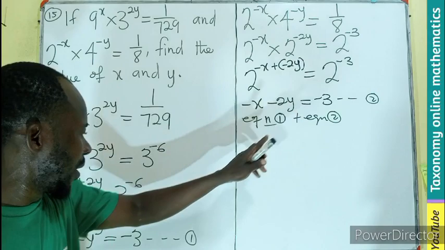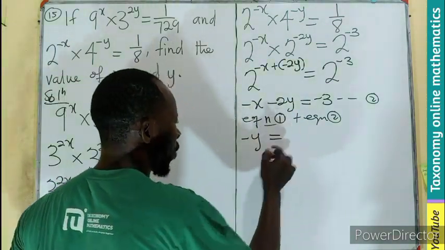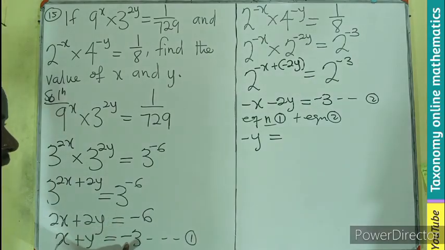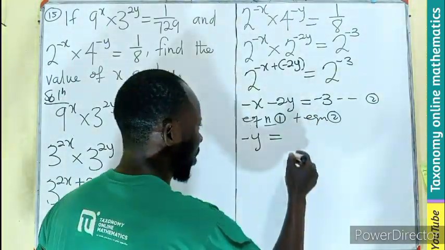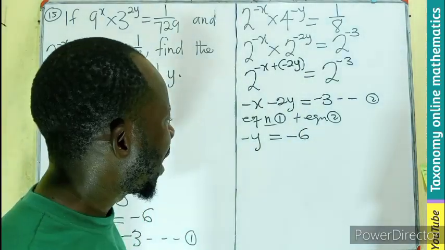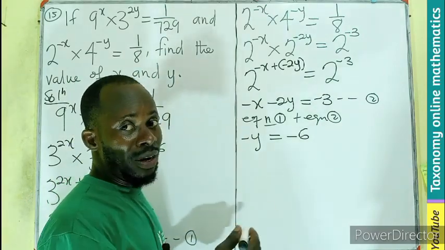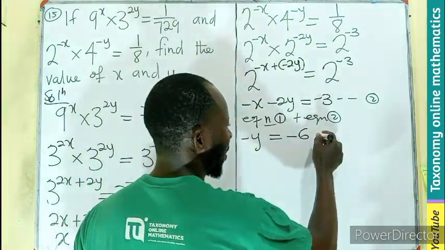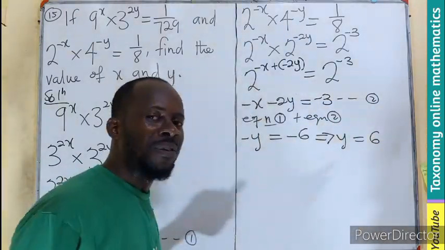Minus 2y plus y will be minus y, equals minus 3 plus minus 3, which gives minus 6. But you're looking for y, not negative y, so we multiply by negative. That implies y equals positive 6.